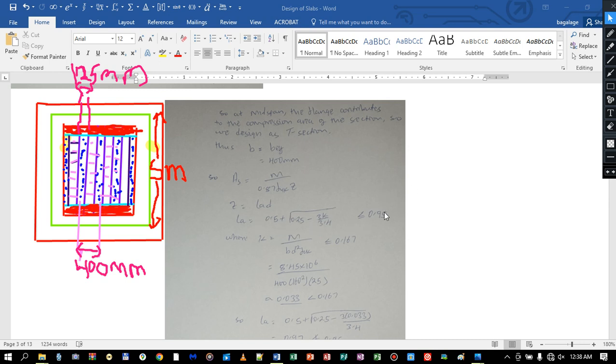It's given by 0.5 root 0.25 minus k over 0.9, and this factor should not exceed 0.95.